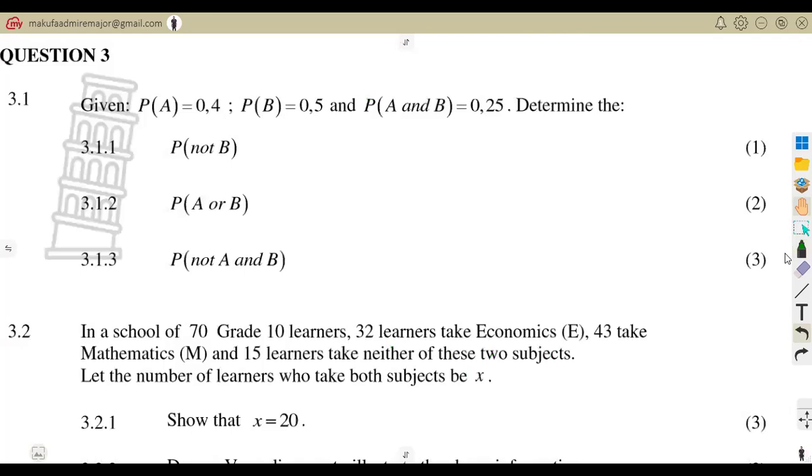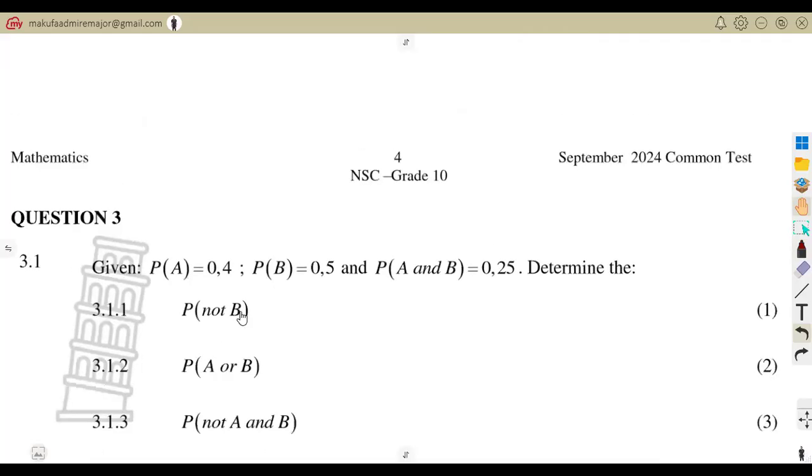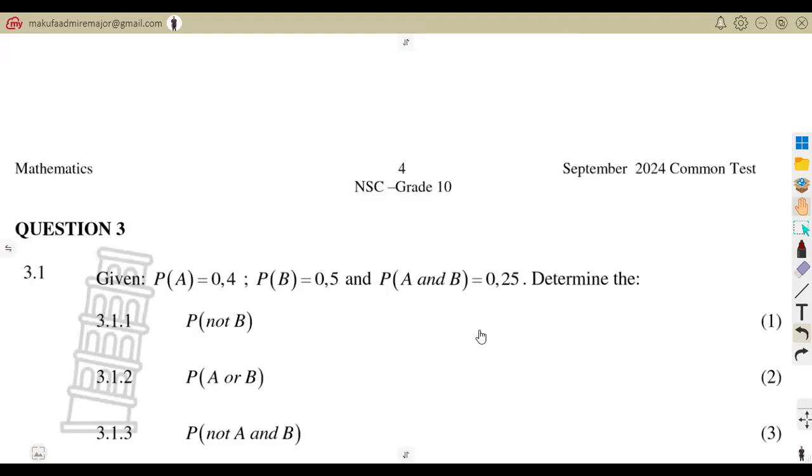Also on question number 3, there's another question that we actually discussed, this type of question. And some of you guys were saying you were not understanding. But you see, this is exactly what we discussed, a question similar to this, and it came the same way. So I want us to understand this, for another time, another explanation.